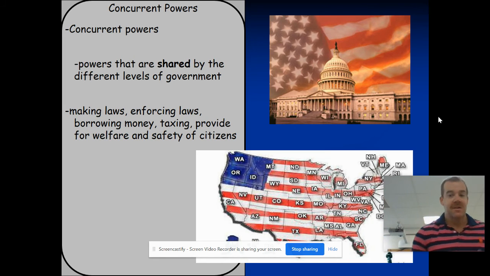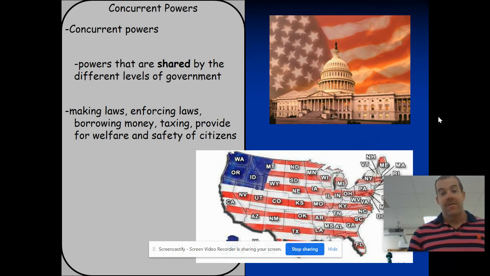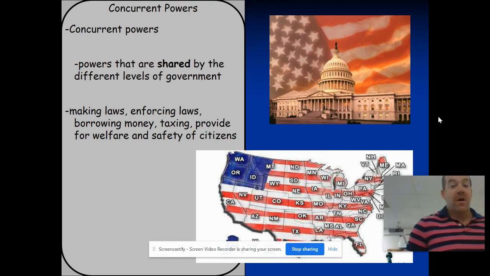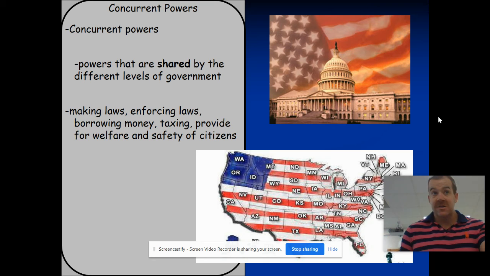So when you do your taxes at the end of the year, you have to do them for the state government and then the federal government. That's what taxing is. Providing for the welfare and safety of citizens has to do with those policing agencies. You have the federal FBI, and then you go on down to your local law enforcement agency.